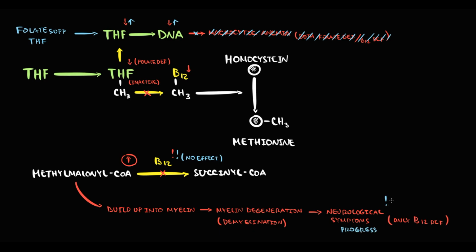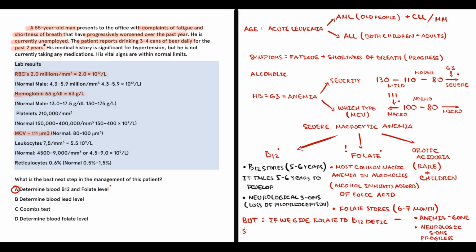And if a person does not have anemia and has neurological symptoms, in this case it's really difficult to suspect B12 deficiency, simply because anemia won't be present. So in case of macrocytic anemia, we have to determine both B12 and folate, and only after that prescribe treatment.